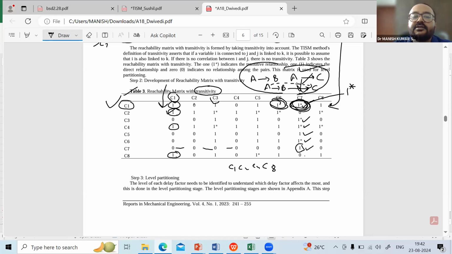So C1, C3, C4, C5, C6. So this will be the antecedent set, and this will be the only reachability set.